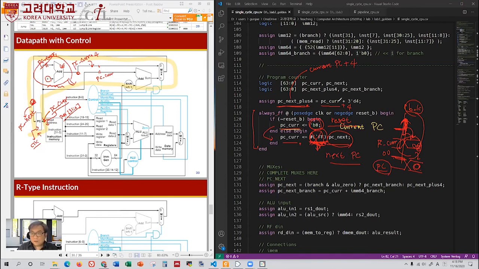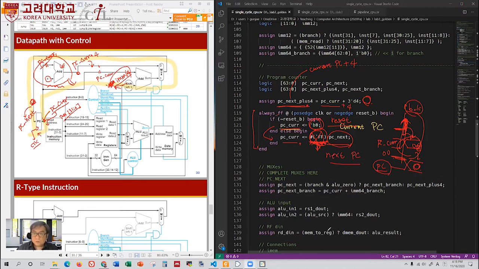Okay, understand? And then how about the... actually this is the 64-bit immediate value, and this immediate value is left shifted by 1.